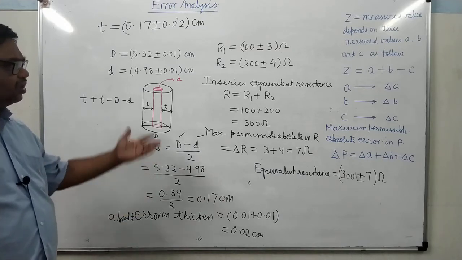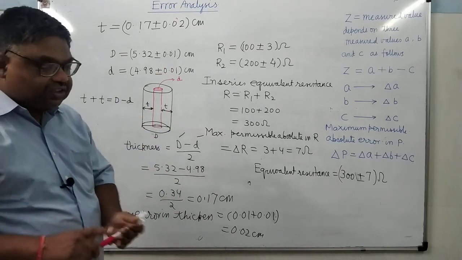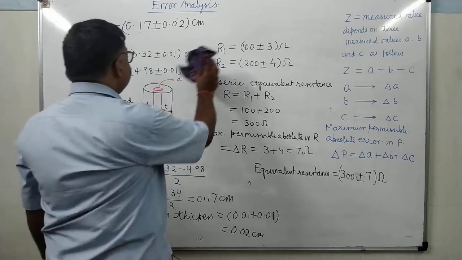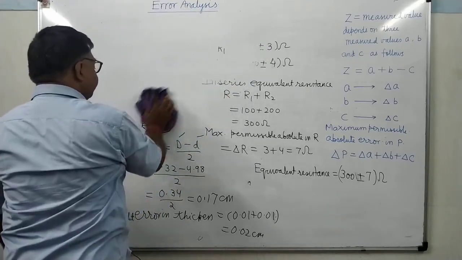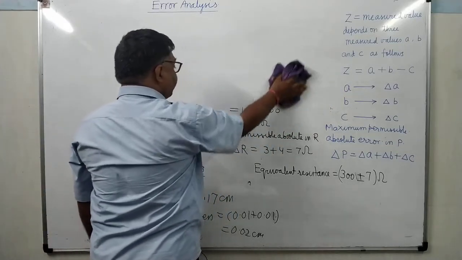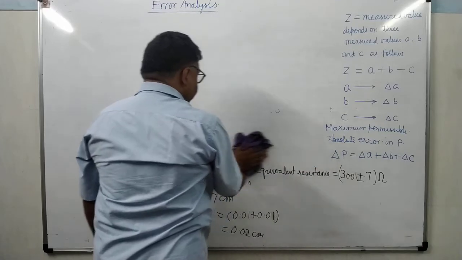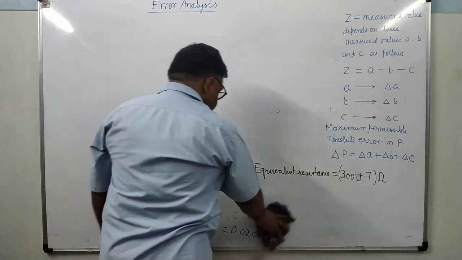Now see here, these are two simple questions which were based on that. Now we will see if the measured, calculated value, the physical quantity in the results, depends upon the product of some physical quantities. It's clear?